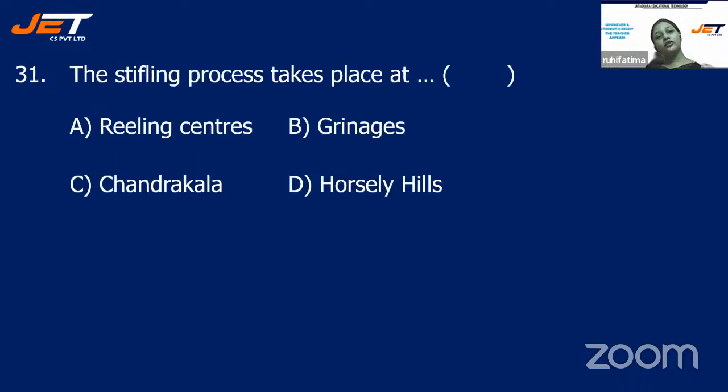Next, we have: the stippling process takes place at reeling centers, drainages, Chandrakala, or Horsley Hills. Come on, students. Let me see if you know about it. The stippling process takes place at reeling centers.